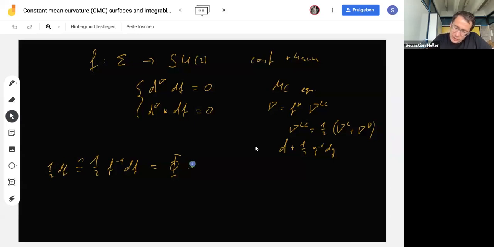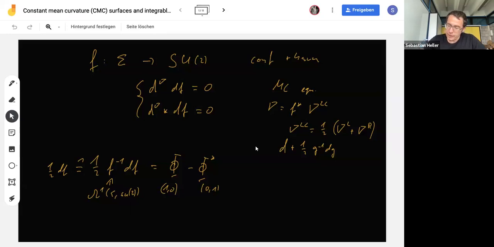I decompose it into its complex linear part, a 1,0 form with values in the trace-free endomorphisms, and a 0,1 part. Because this is a 1-form on sigma with values in the skew Hermitian trace-free endomorphisms, the 0,1 part is minus the adjoint of the 1,0 part. So we really have this decomposition as written down.